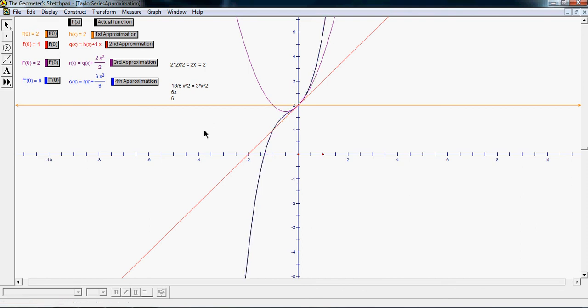It doesn't have to be that way. I mean, our original function could be something different so that this fourth approximation would not be that close. But if we look at what that original function was, it's x cubed, and it is the highest degree, and so it actually overlaps because there aren't any more terms of the function.